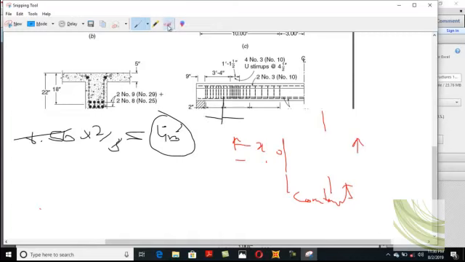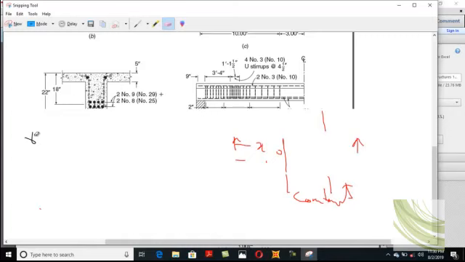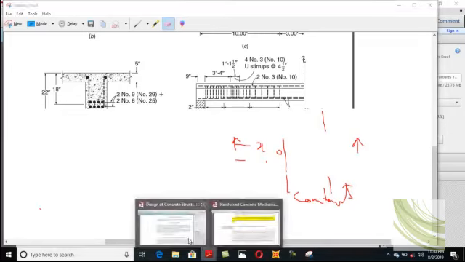But what they say is that they discontinued only the upper layer at the theoretical cutoff point. They basically did this process: they discontinue this layer at the theoretical cutoff point. Clear?